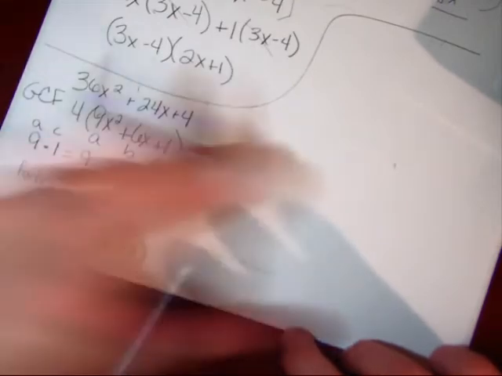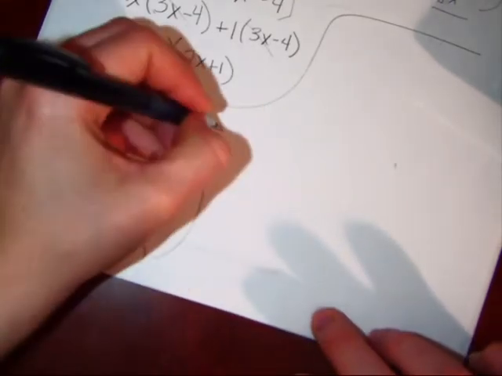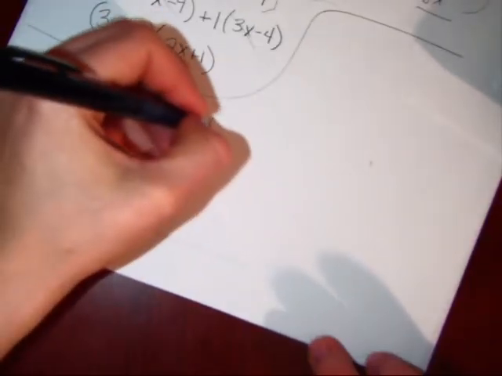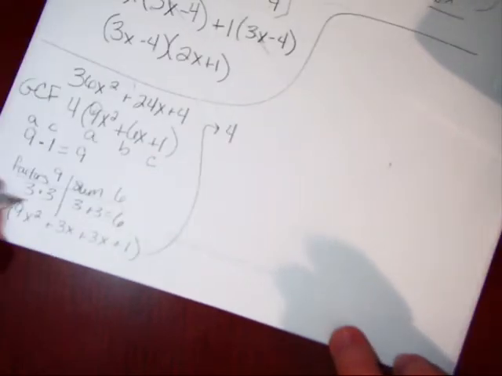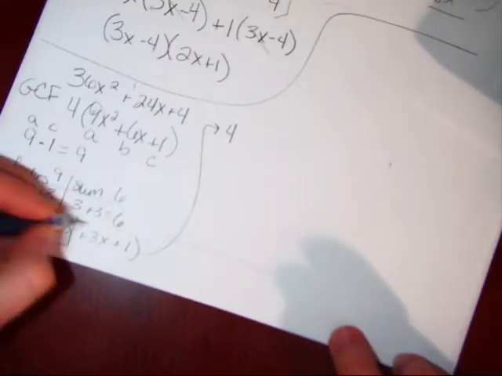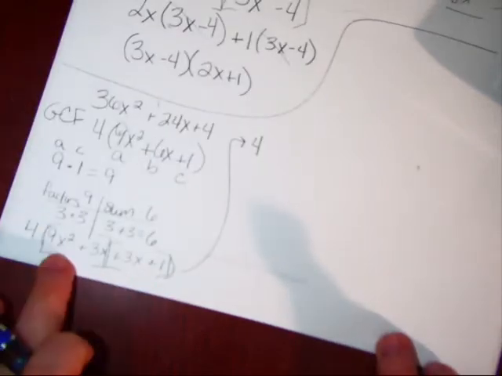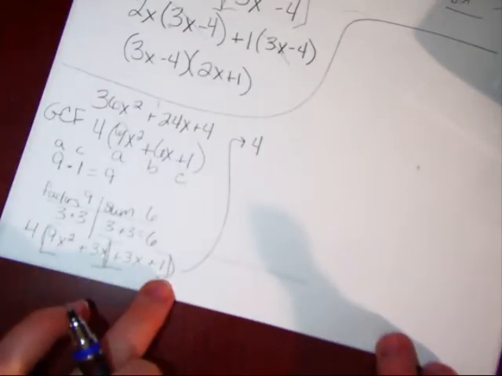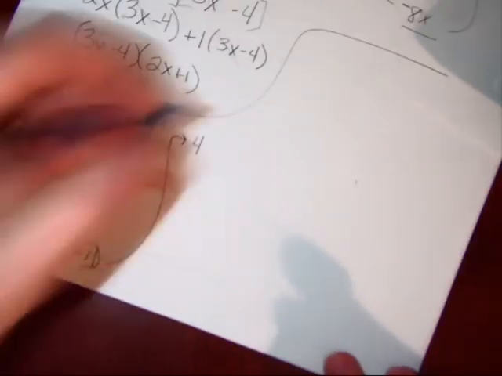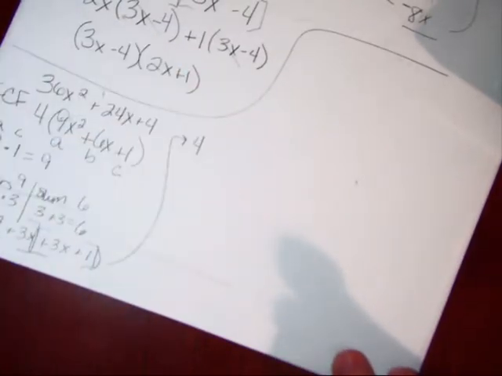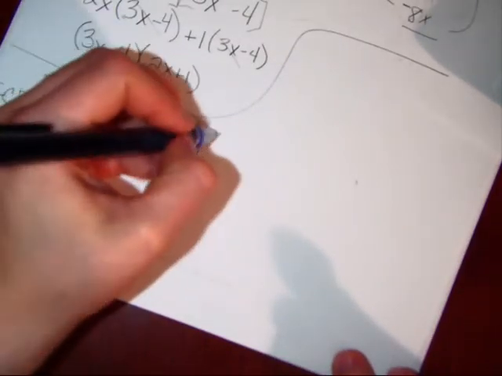Now I'm going to move over here because I am running out of room. I keep the 4, and now I'm going to visually break off the first two, 9x squared and 3x, and then the second two, 3x and 1. Keep the 4, keep the parentheses.